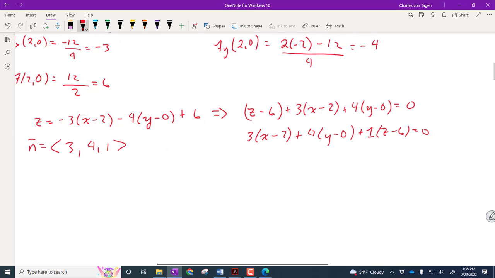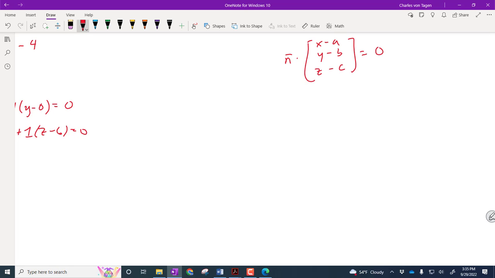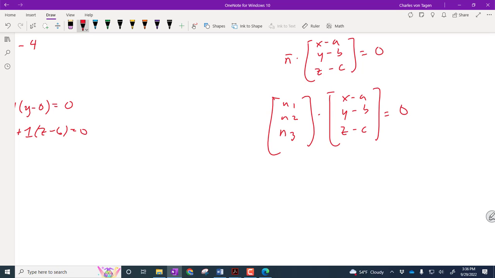Remember that the way we worked with the plane to begin with was we took some normal vector and dotted it with (x minus a, y minus b, z minus c), and we forced that to be 0. That's our equation of a plane. That normal vector would look like (n1, n2, n3) dotted with this. Everyone okay with that?